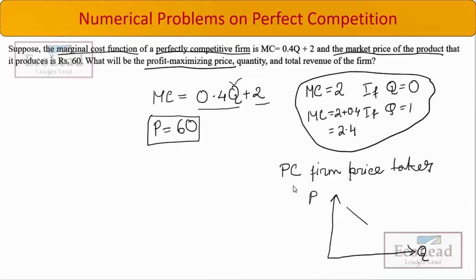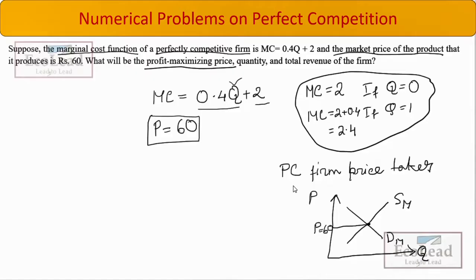This is the market demand curve, so I am writing DM, and this is the market supply curve, so I am writing SM. In the market, the prevailing price is the equilibrium price, which is given here as 60.